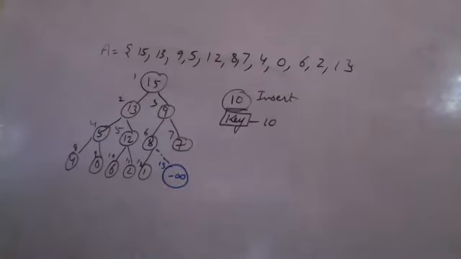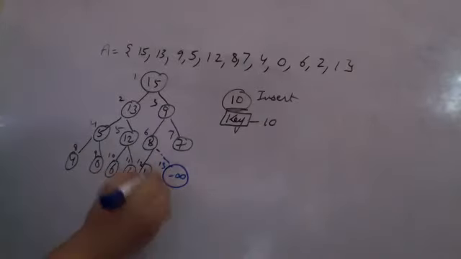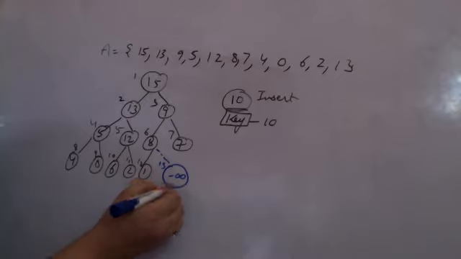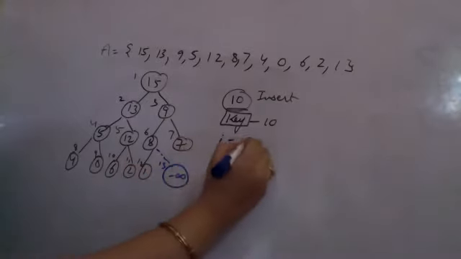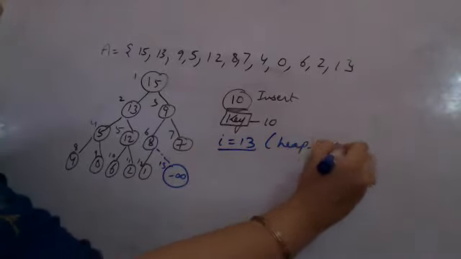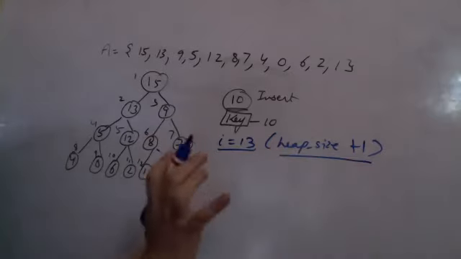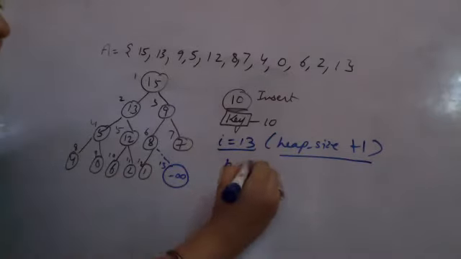So i is initially the heap size, which is 13, and the key which I want to insert would be something greater than minus infinity. So I am beginning with the position at the last, which is our heap size. Initially i is 13, the heap size plus 1, as I have increased the heap size. I check k should be less than A of i.